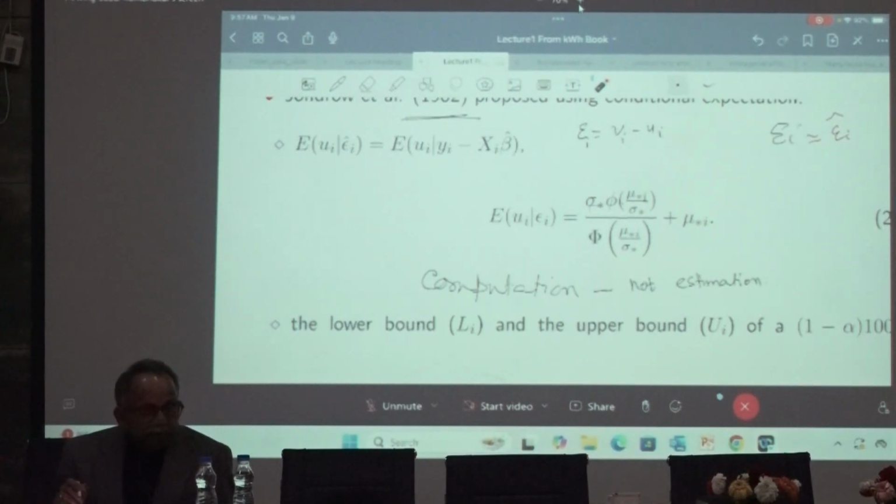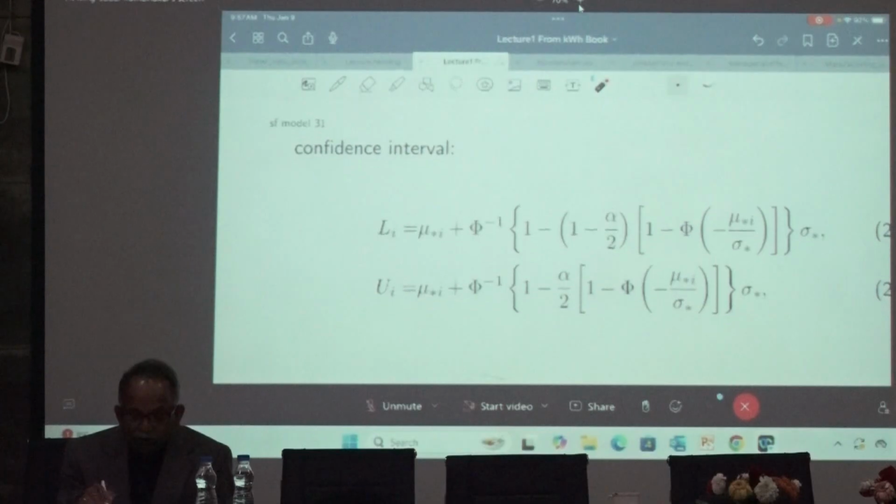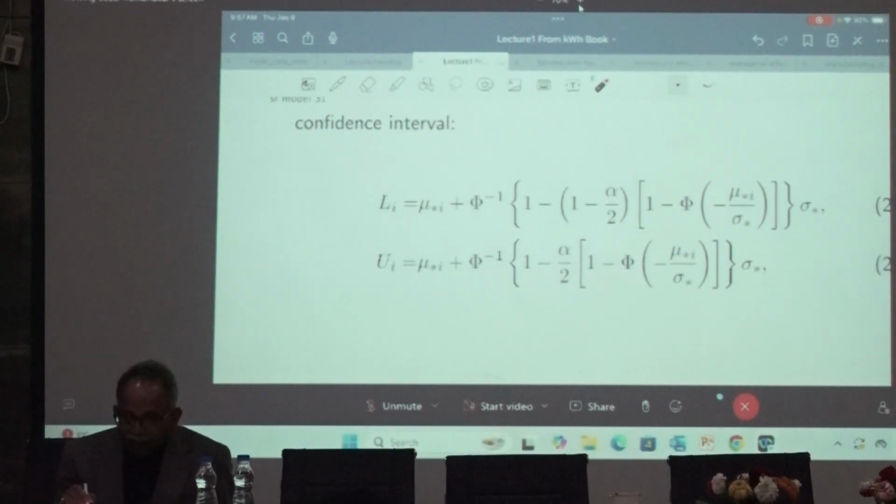Anyway, in statistics, we talk about point estimate and also interval. These are formulas for the confidence interval. This has notations like big phi, which is the cumulative distribution function. It looks complicated, but these are functions of parameters that are already estimated. So this is plugging in the estimates in the function, and no matter how complicated the functions are, when you put the numbers in there, ultimately you will get a number.